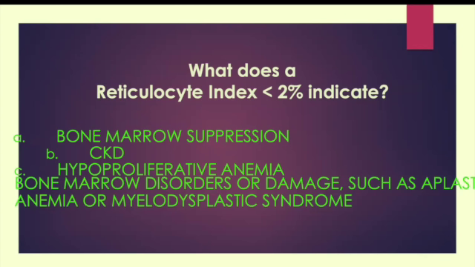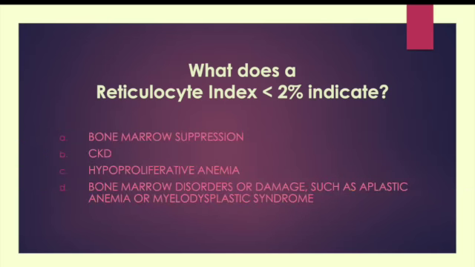Chronic diseases or conditions that affect the bone marrow's ability to adequately respond to anemia are also an issue. It's important to note that the interpretation of reticulocyte index values should be done in conjunction with other labs, findings in medical history, and clinical evaluation to determine the actual underlying cause of the decreased reticulocyte production. So yeah, that is all the answers.